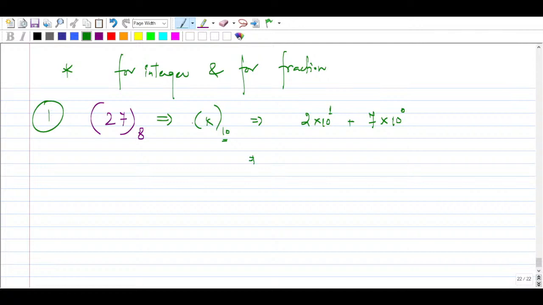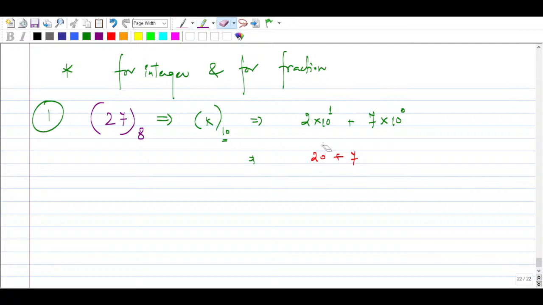Now you can add all these things. So this is 27. Okay, I hope this makes sense. Yeah, you have to keep this in mind here.